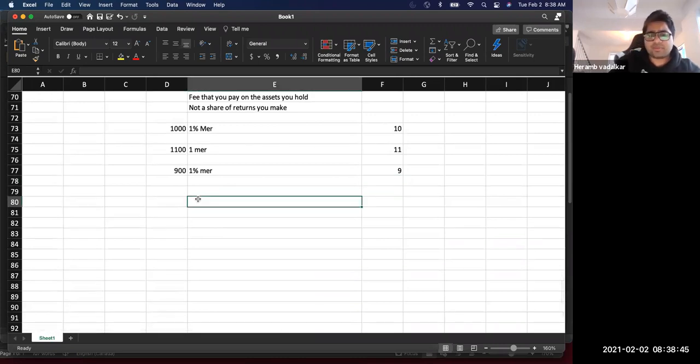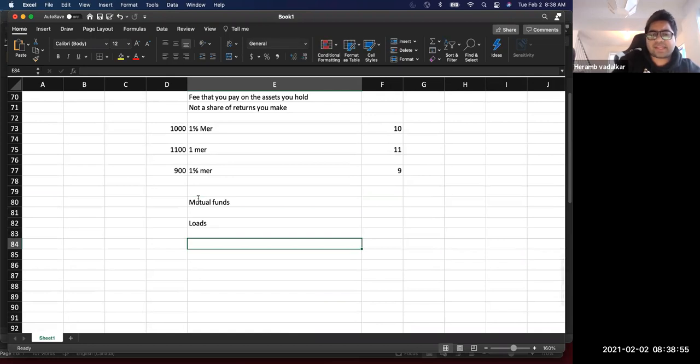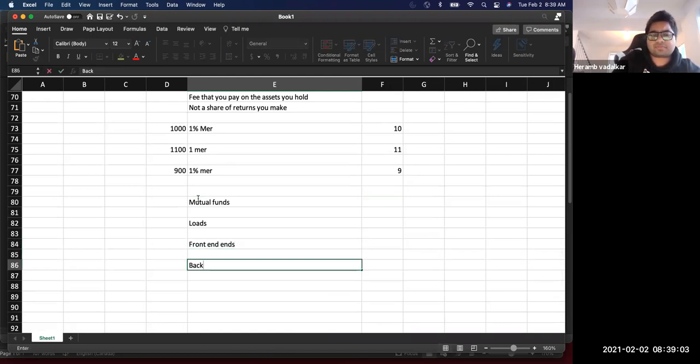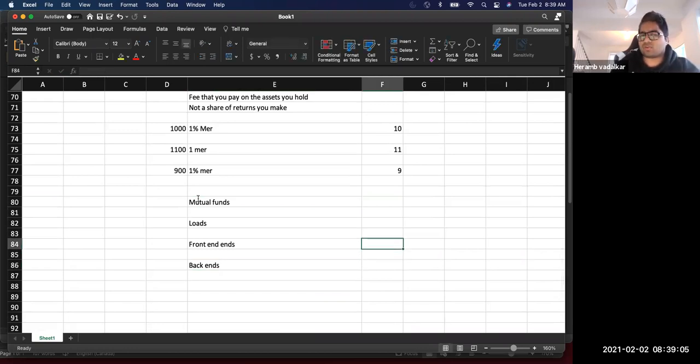Now, certain mutual funds also charge loads. There are two types of loads, front end loads and back end loads. Front end loads are fees when you buy a mutual fund, and back end loads are fees when you sell a mutual fund.